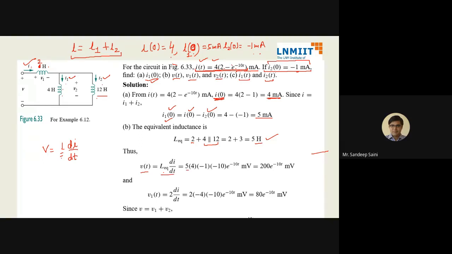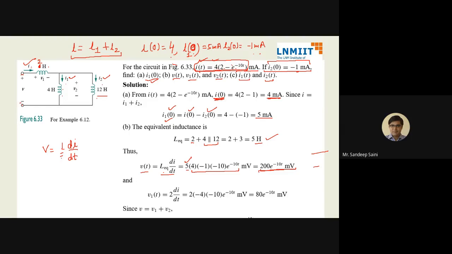Then V is L di by dt. So 5 into this, my equation for I of t. Take di by dt, multiply with 5, and this is the equation that I got for V of t. V of t means voltage here.